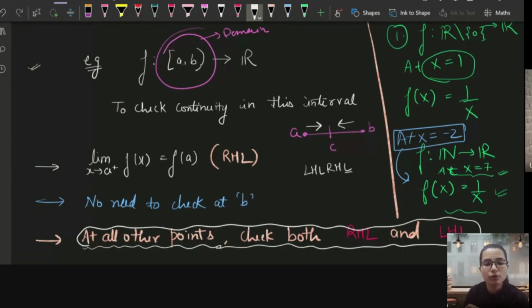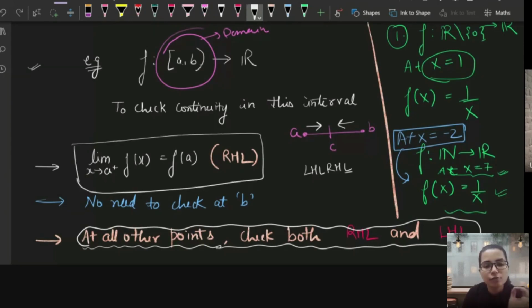Let's talk about what you will do for x equals A. See, for x equals A, you can only check from the right hand side, right? Because you can only approach the point A from the right hand side, because on the left hand side there are no limit points.